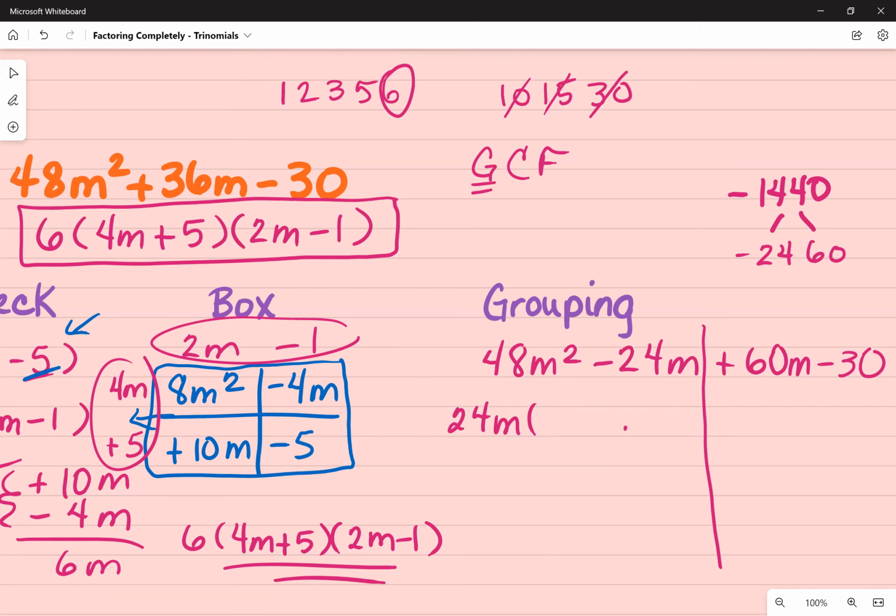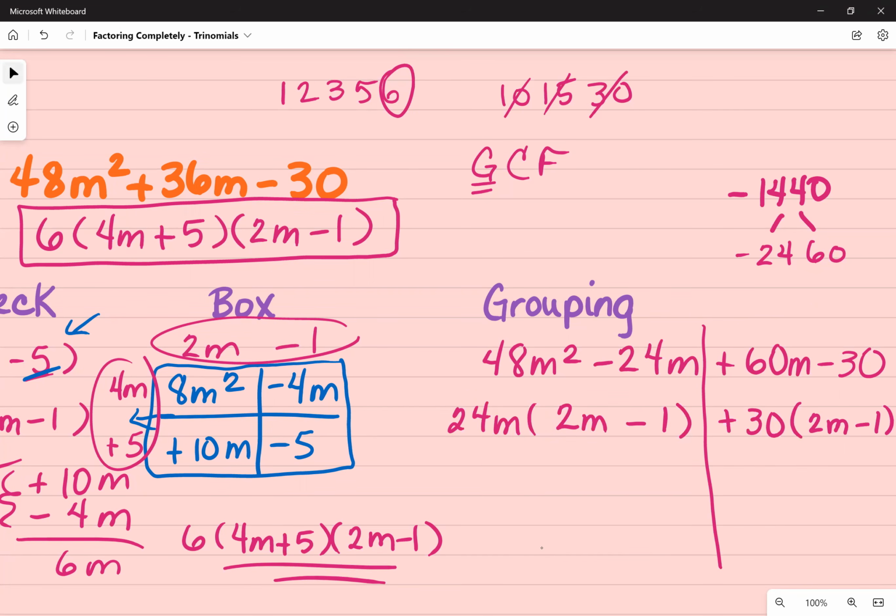That matters. Both of them have an m. So make sure you see that. All right. So 48m squared divided by 24m is 2m minus 1. And then on the other side, I'm going to take out 30 because both are divisible by 30. And then I have 2m minus 1.